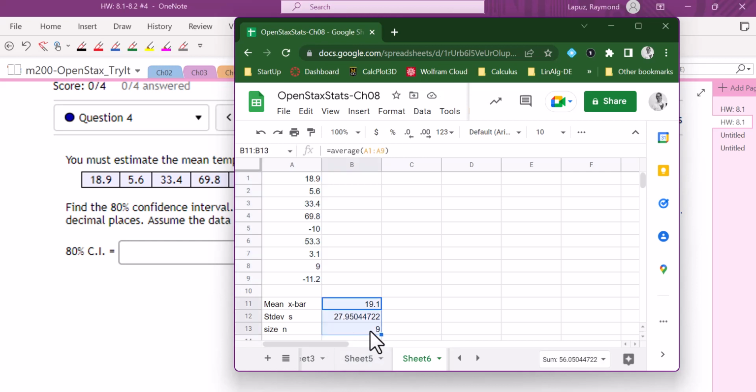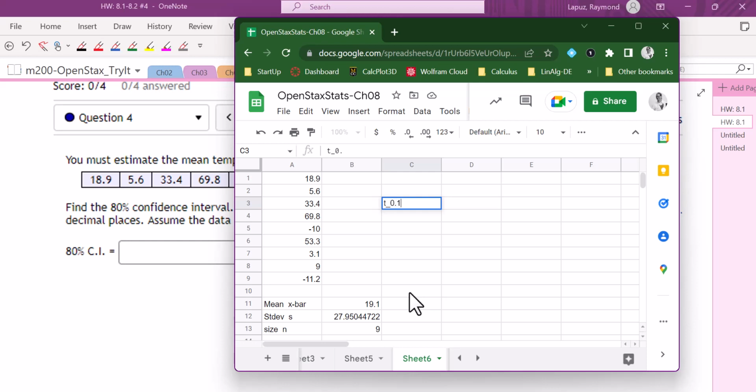So we have our values that we need, and now we have to go back and find our t critical value. This is an 80%, so alpha would be 20%, 0.2, and then half of that is 0.10.